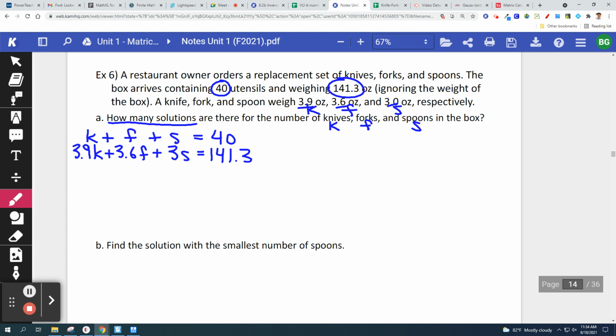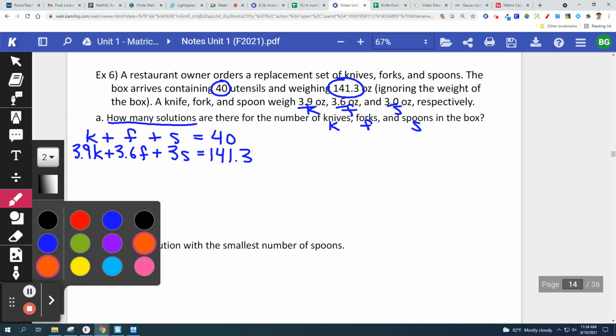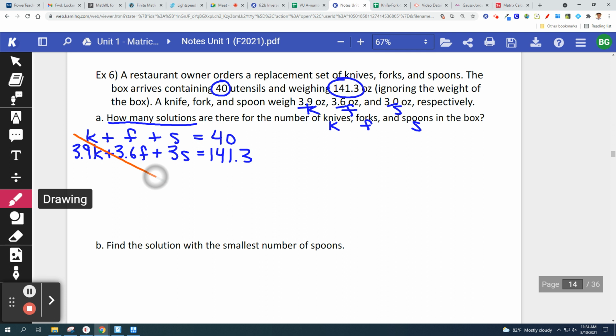Now this problem is super complicated. I don't see any other equations. I'm going to do a shortcut on this, but I don't see any other equations. If we tried to do triangular form, there's nothing here in this last position.